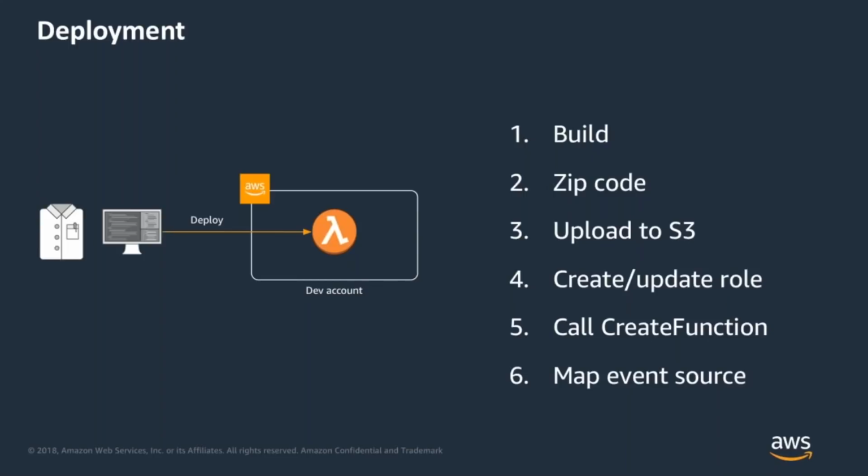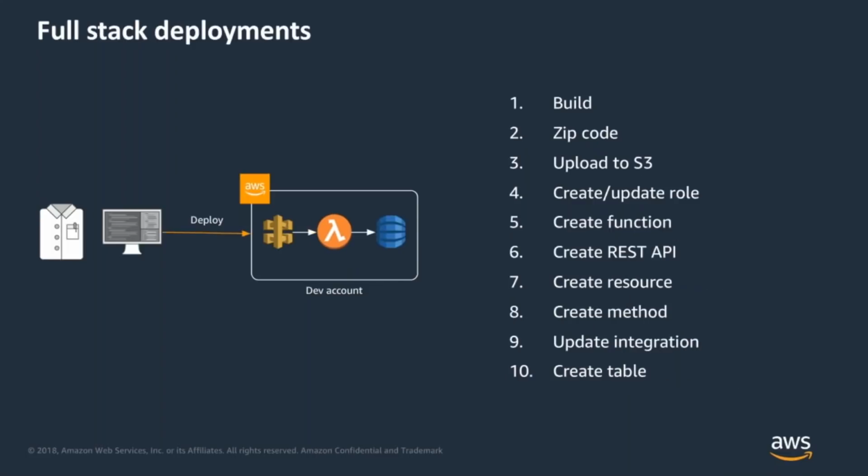This is what gives Lambda the security permissions it needs in order to access other resources. Then you make a call to the create function API in the Lambda API, and then finally set up any event source mappings that you want to configure in order to have your function run in response to various events.